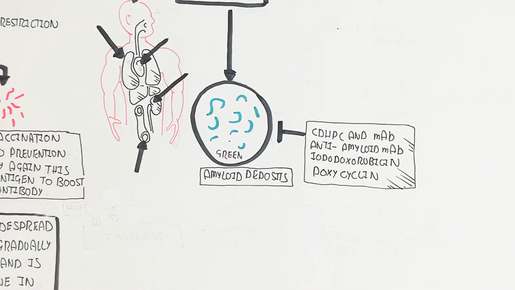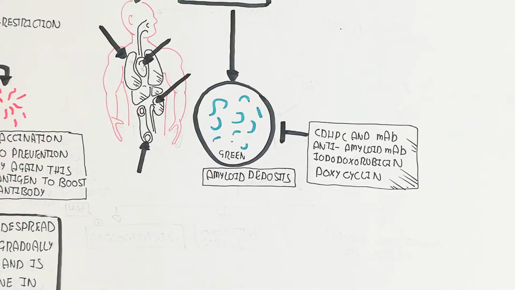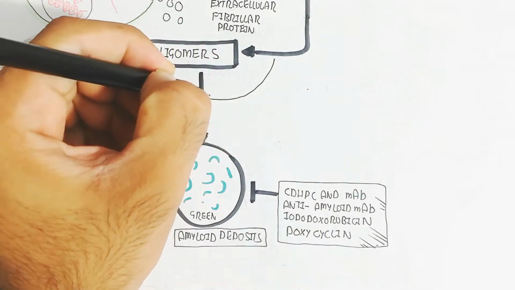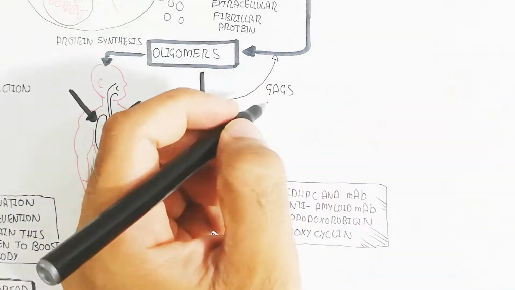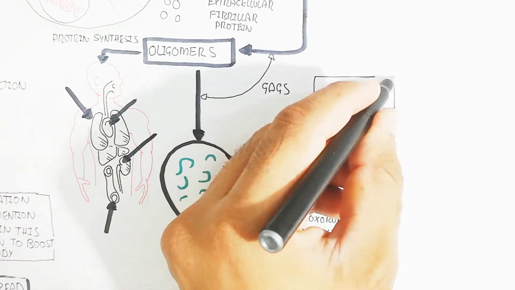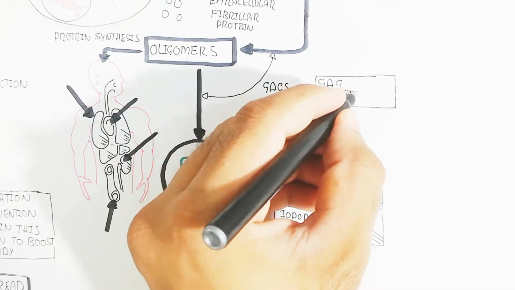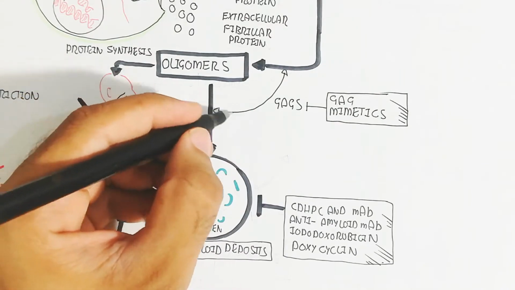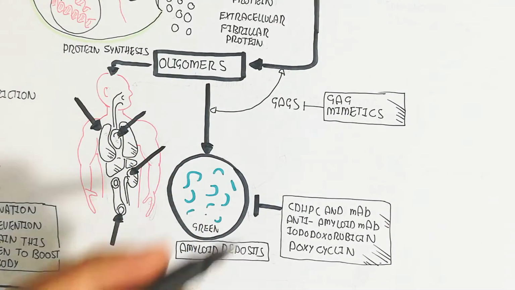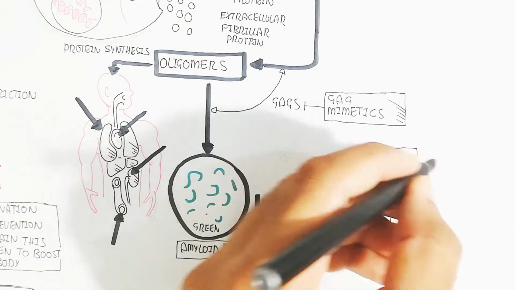But in this case, you can see the amyloid deposit can create several effects. Here are the glycosaminoglycans, which will convert into the amyloid deposit, but the GAG mimetics can inhibit this process from oligomers to the amyloid deposit.